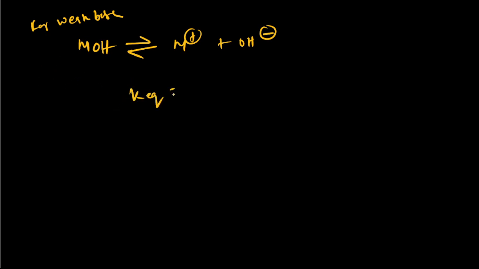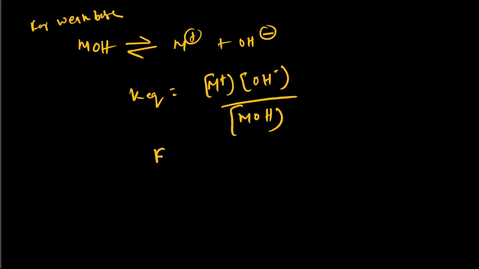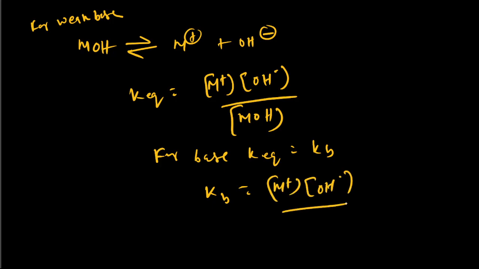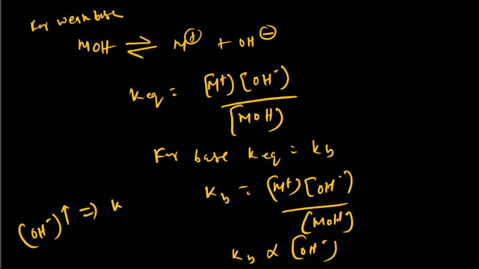If we take the equilibrium constant, it is the concentration of products divided by the concentration of reactants, and for a base K equilibrium is written as Kb. So Kb equals M plus times OH minus divided by MOH. Kb is directly proportional to the OH minus concentration. If the OH minus concentration increases, Kb will increase, meaning more basic.